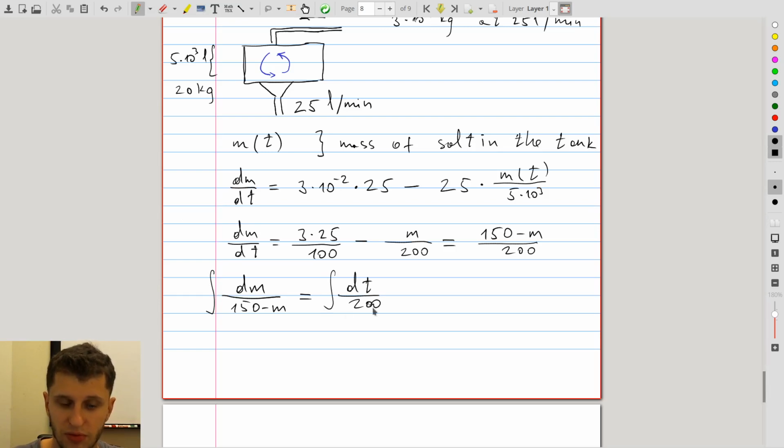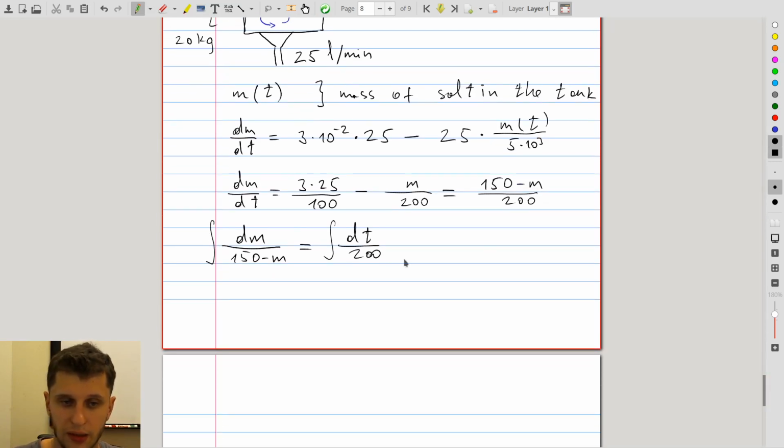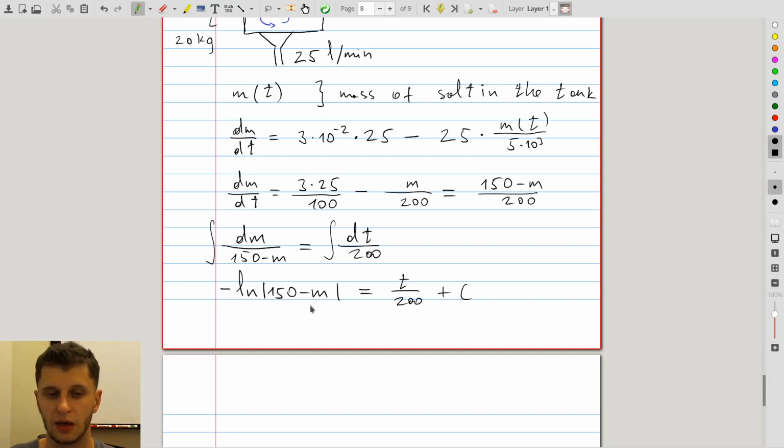If we integrate both sides, we'll get, in the left-hand side, minus logarithm of 150 minus m equals t over 200 plus a constant. So again, as we have seen previously, we have already integrated a function like this.